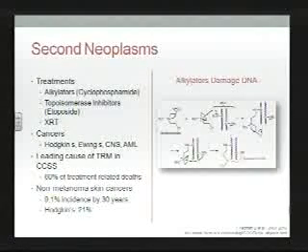So, second neoplasms. We give a lot of drugs that fortunately are very good at damaging cancer DNA, but also very good at damaging healthy DNA. We give alkylators like cyclophosphamide, we give topoisomerase inhibitors like etoposide, and we give radiation therapy to these patients. As you see here on the right, this is the mechanism of action.